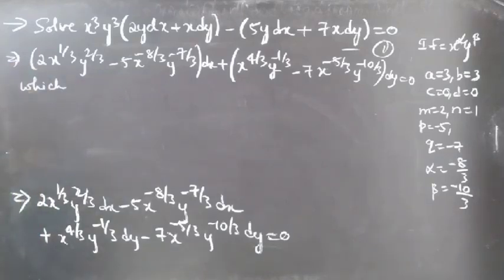If you have considered the equation asterisk as M1dx plus N1dy, you can consider it as M2dx plus N2dy equal to 0, right?